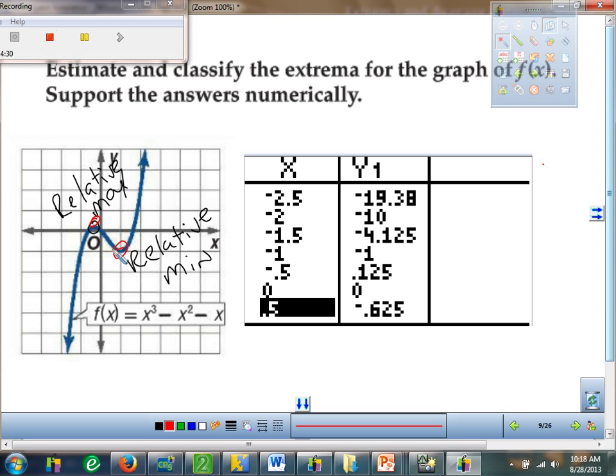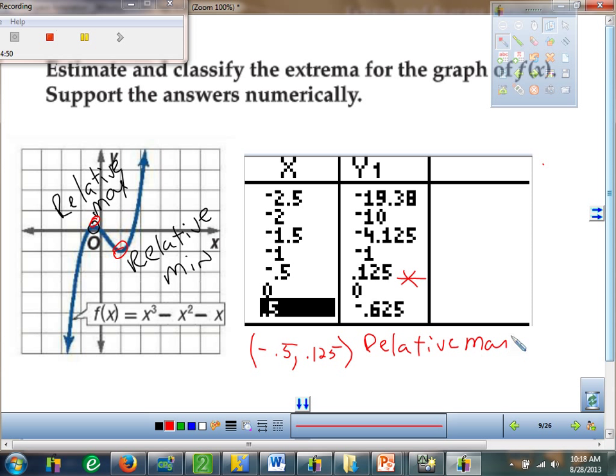So for this one the relative max would be at x = -0.5. The point would actually be (-0.5, 0.125). So that would be our relative max.